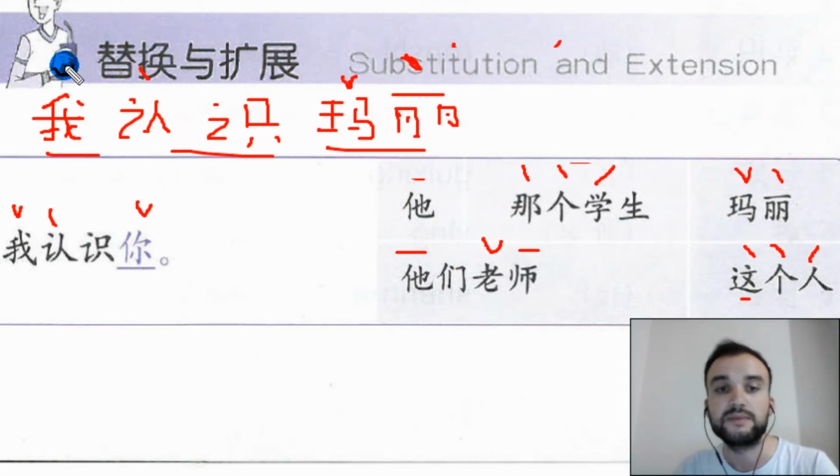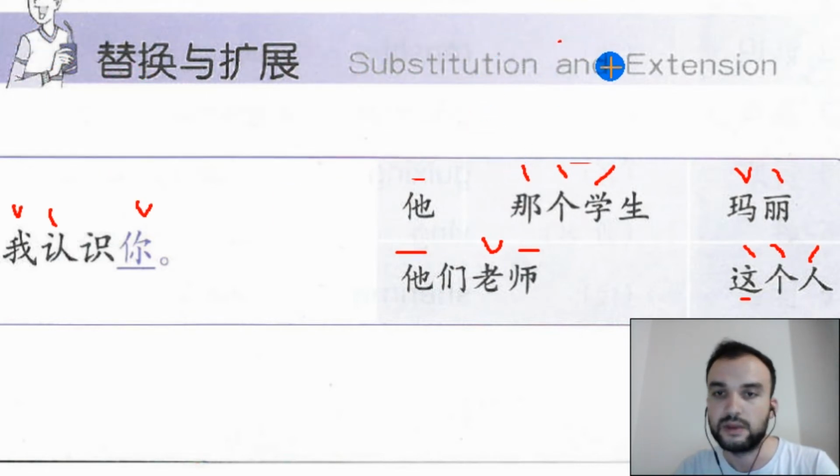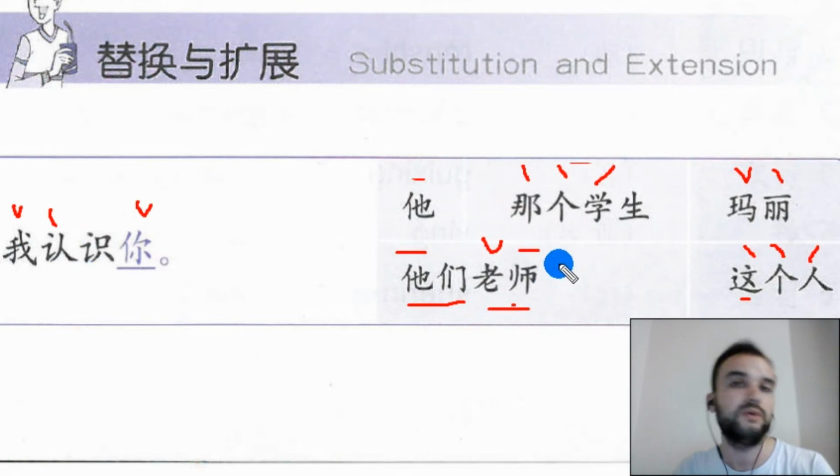You know that? 我认识玛丽, I know Mary. Okay. Let's test this. And 他们老师. 他们 means they. 他们老师 means their teacher. 我认识他们老师, I know their teacher.